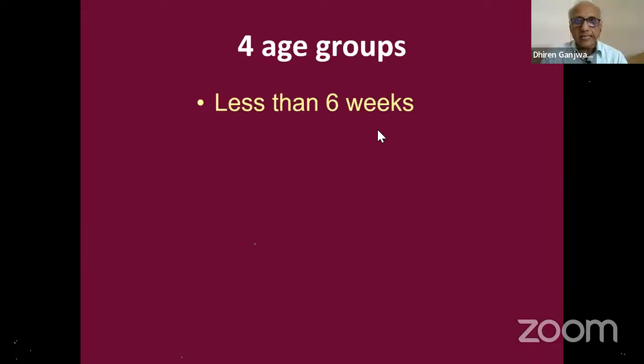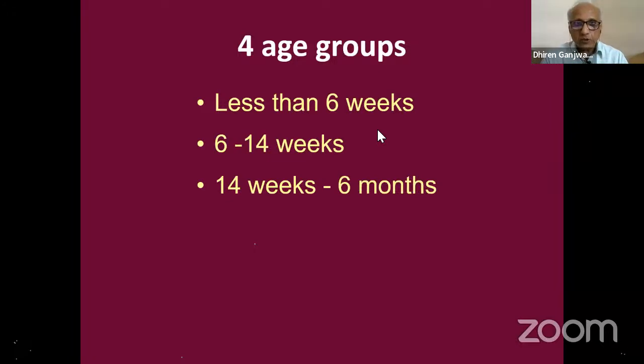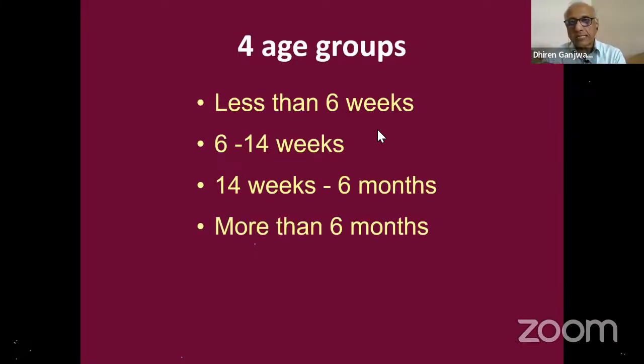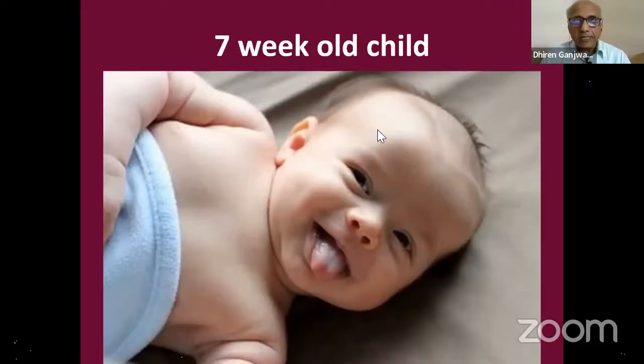The first is less than 6 weeks. The second group is 6 to 14 weeks. The third group is 14 weeks to 6 months. And the last one is more than 6 months. So the first question, whenever a child presents to us, is to identify which age group the child lies in, and accordingly we follow the path. Let's take a child who is coming to us, 7 weeks old.